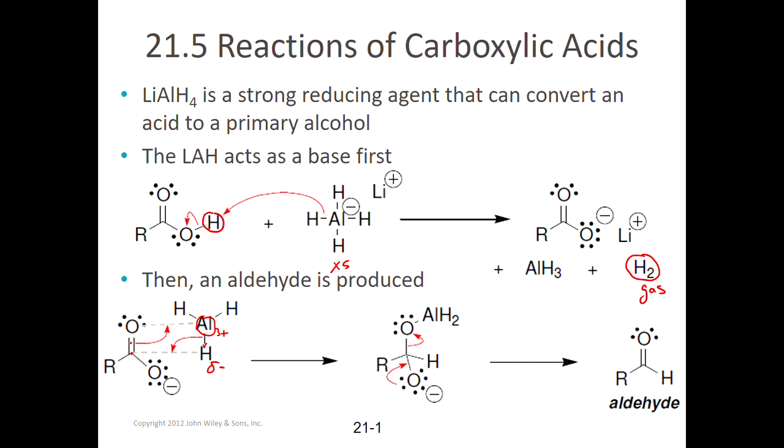But then once the proton's transferred, even though it's already negative, another pair of electrons can come in here and shift these electrons up to this oxygen. And so that kind of creates two negatives on the same structure. So the aluminum with its positive will come in and start to share these electrons. Now this bond is not very covalent, it's mostly ionic.